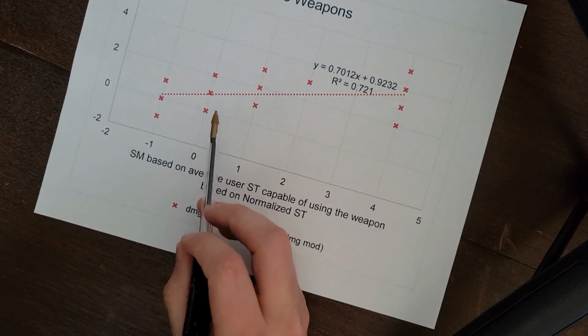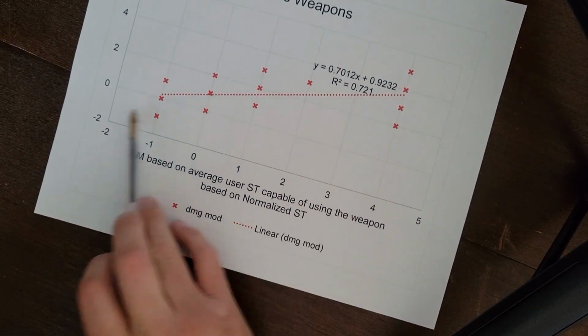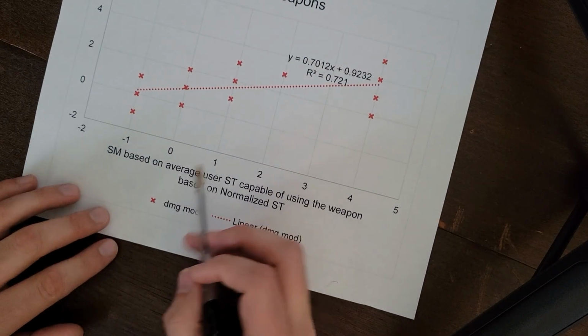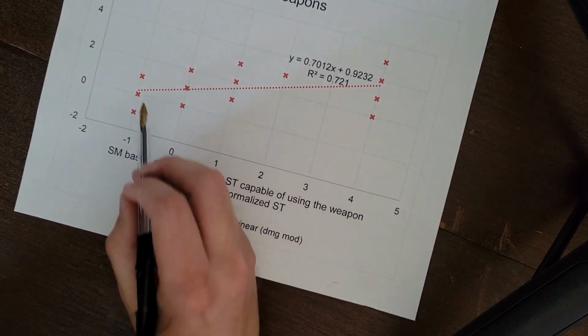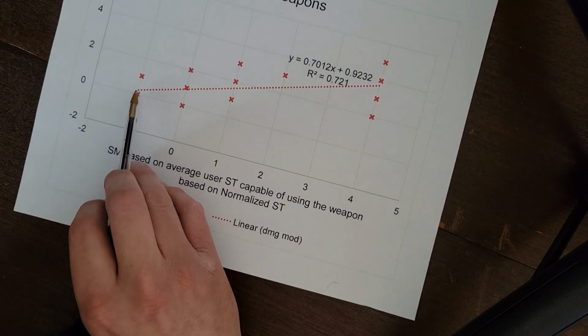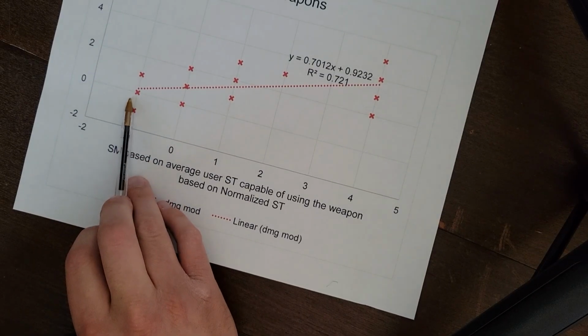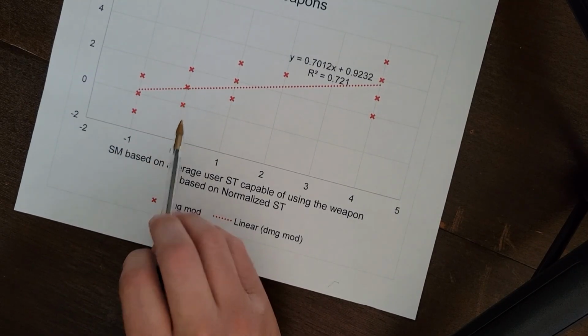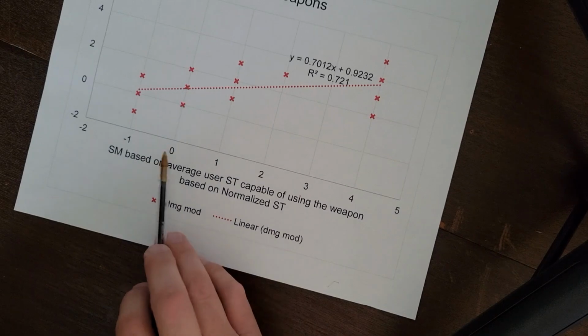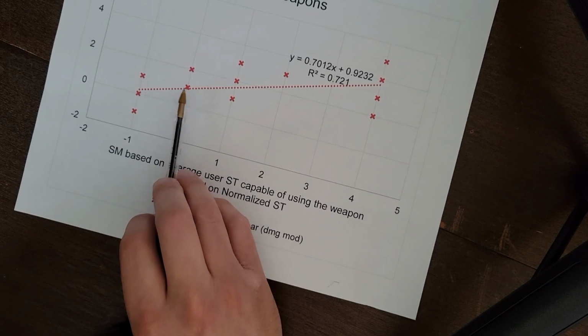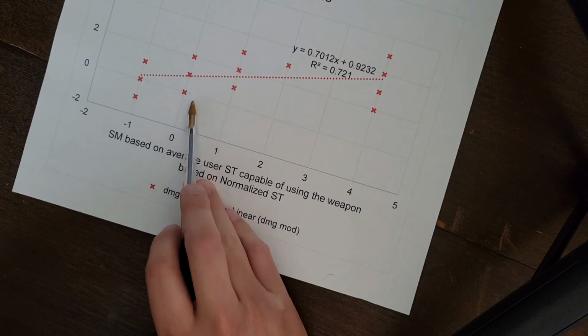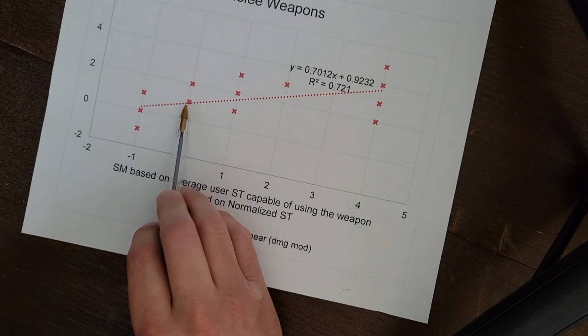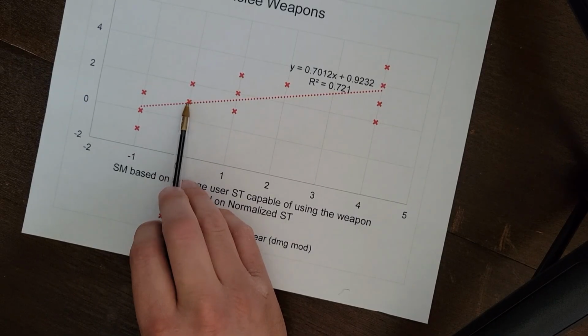So in here, the linear relationship becomes much stronger. And something that I find interesting here is that we go from 0 at size modifier -1 to +1 at size modifier 0, and that seems to be true. Most weapons requiring strength 6 to 10 give you a +1 modifier.